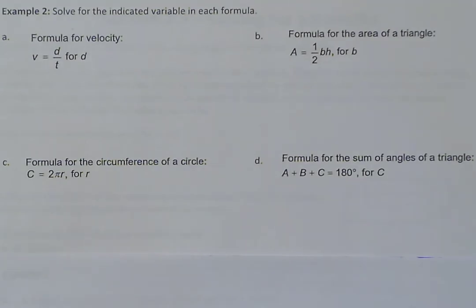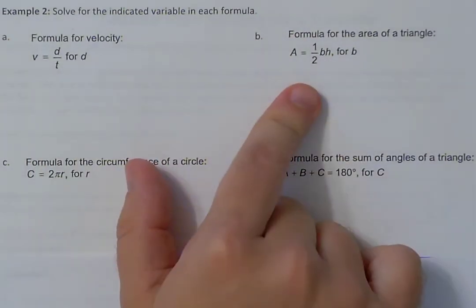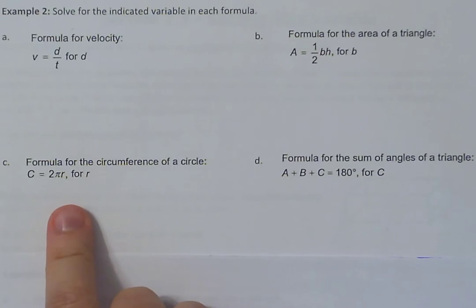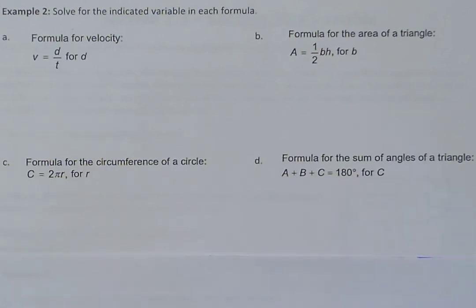So everything we talked about on the other side was just an equation. These are all real-life formulas. Formula for velocity, area of a triangle, circumference of a circle, and sum of a triangle. Now, we'll run through these ones as well, just to give you a view of what your answer would be.